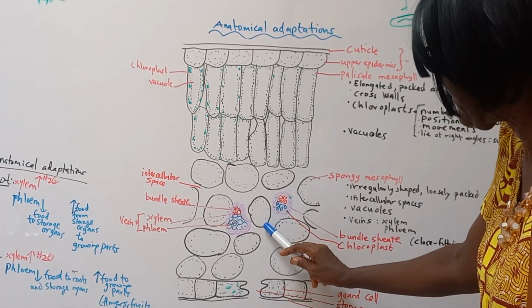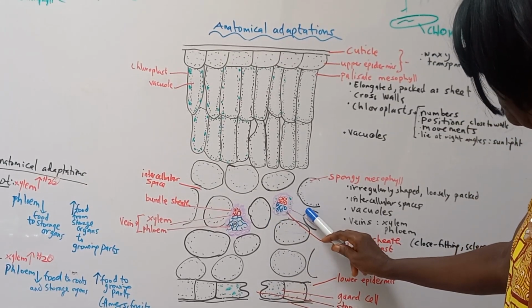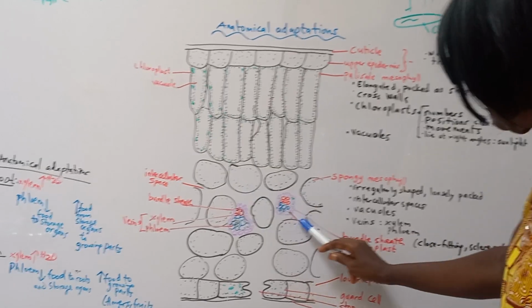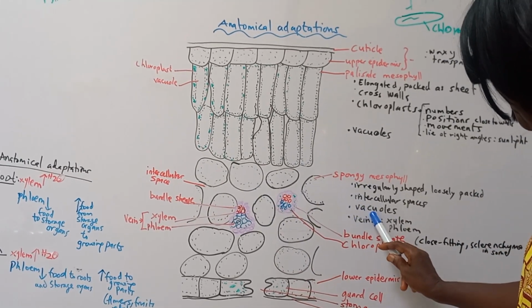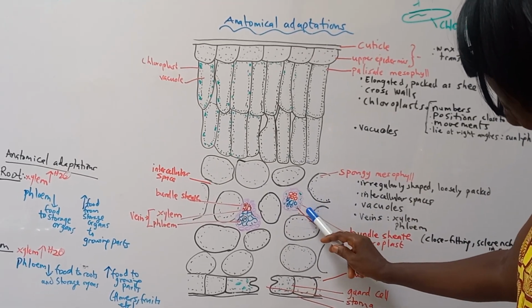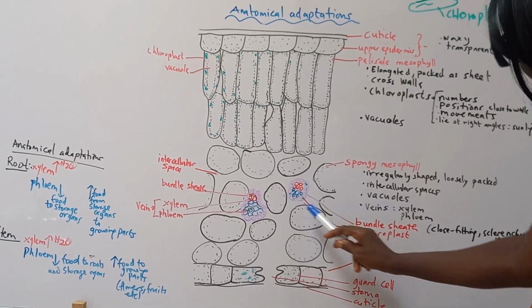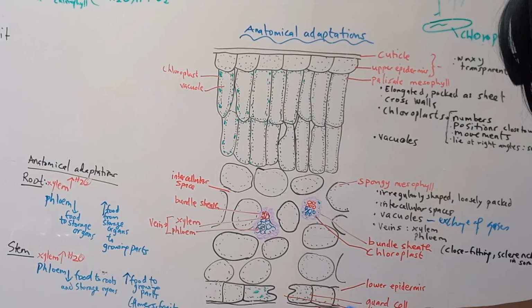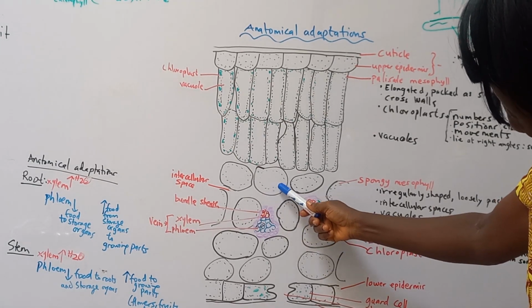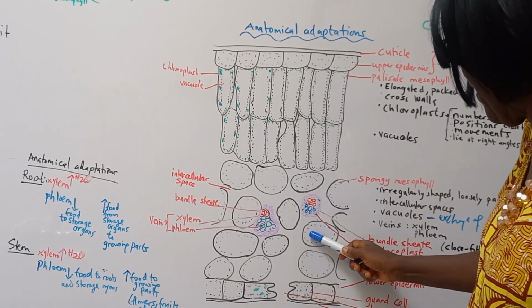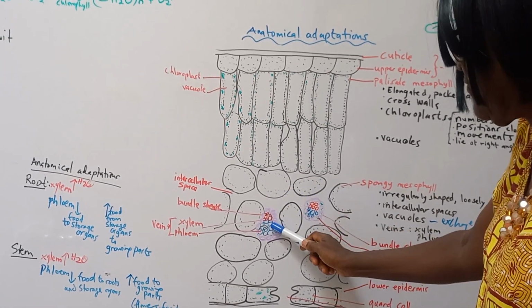That is exchange of gases. So the large intercellular spaces in the spongy mesophyll enable efficient exchange of gases. That is it.